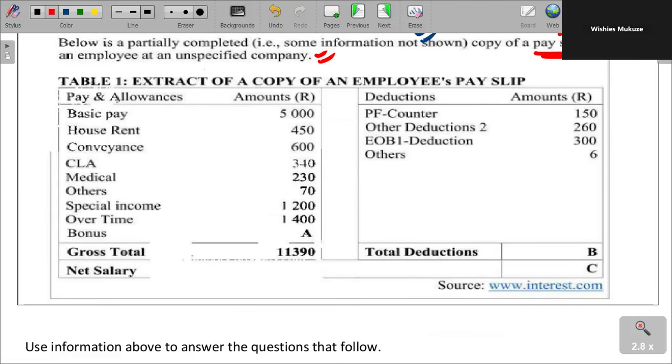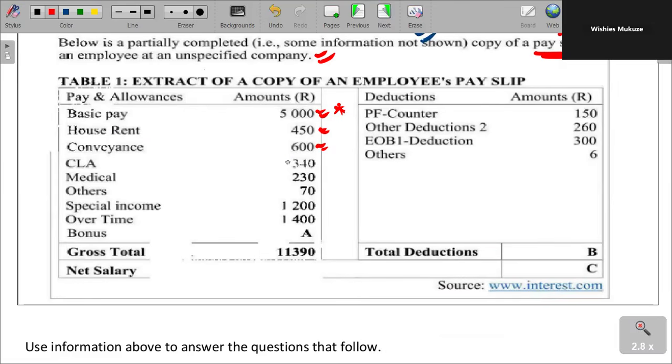For the pay and allowances, we have the basic pay, which is given as 5,000. We are given house allowance, rent, 450, conveyance, which is 600.